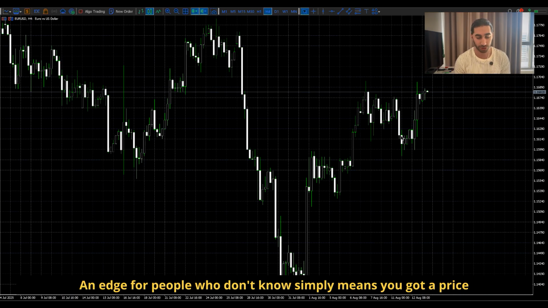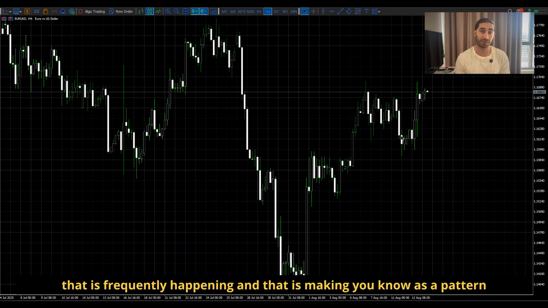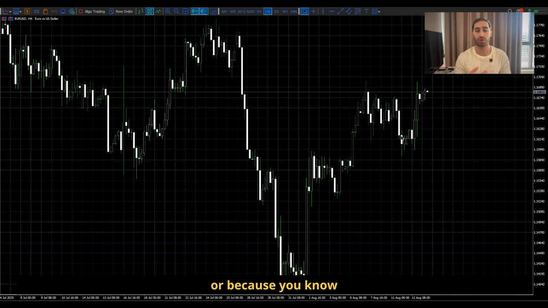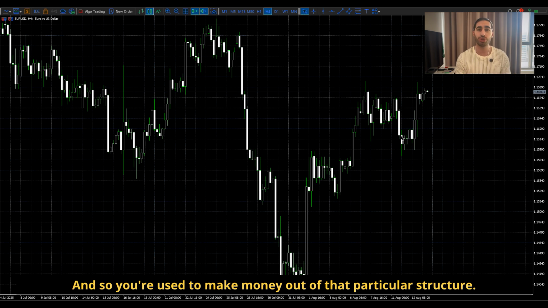An edge, for people who don't know, simply means you have a price structure that you recognize that is frequently happening, as a pattern, or because you know how to read the price, it is telling you where the price is heading, and so you're used to making money out of that particular structure.